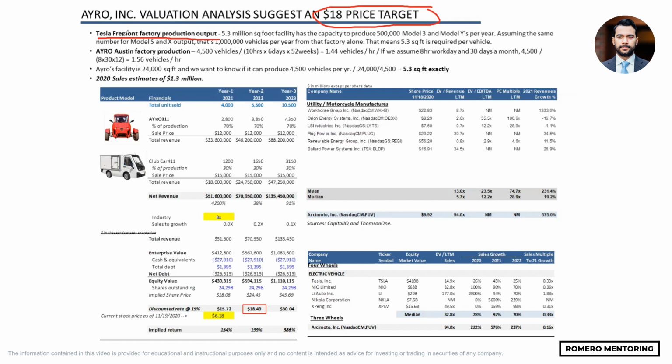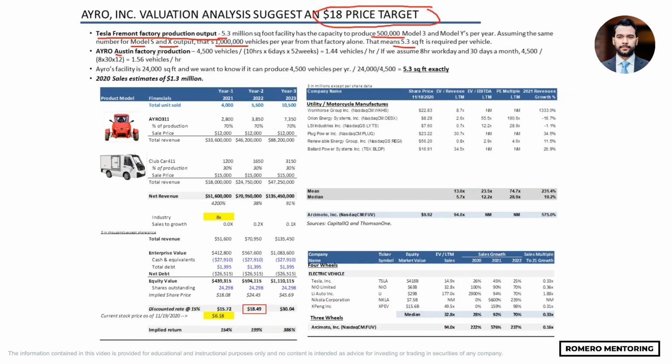Their Fremont factory is a 5.3 million square foot facility and has the capacity to produce 500,000 Model S and Model Y per year. Assuming the same number for Model S and X, the output would be 1 million vehicles per year from that factory, which means 5.3 square feet is required per vehicle.